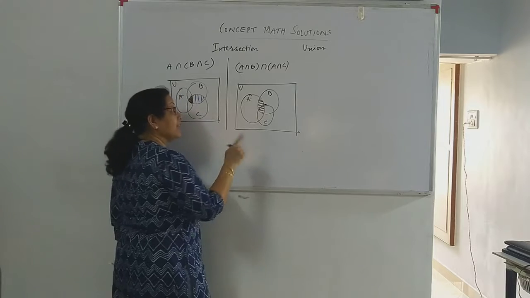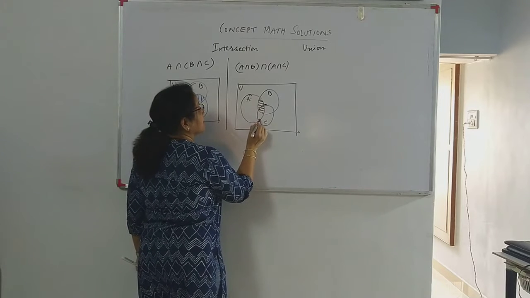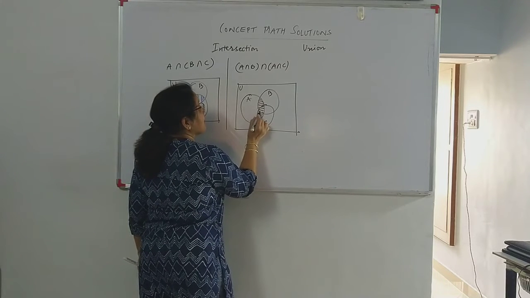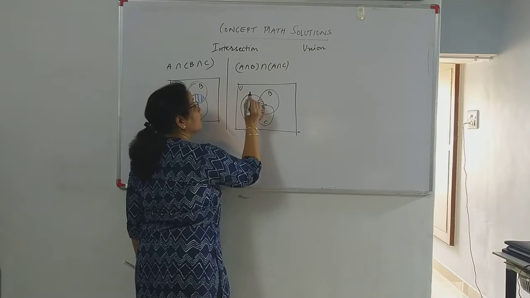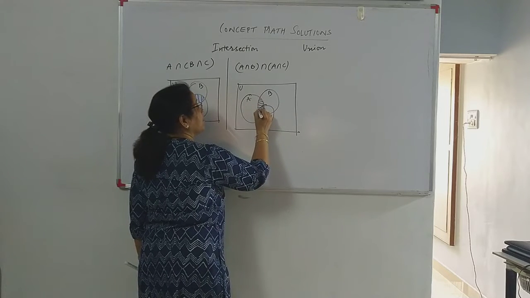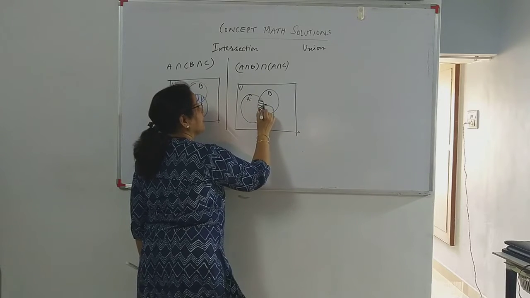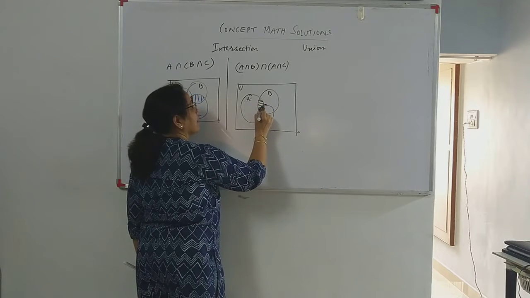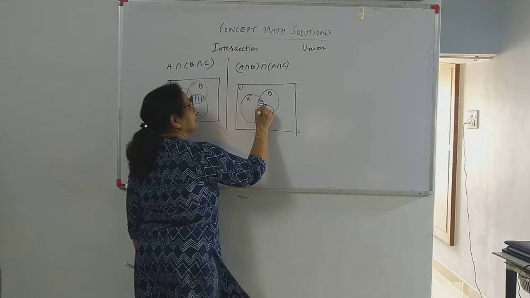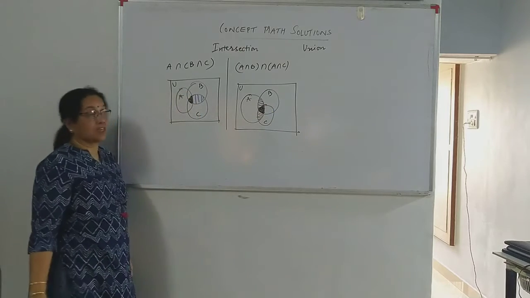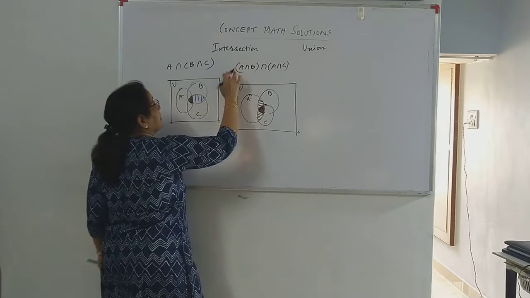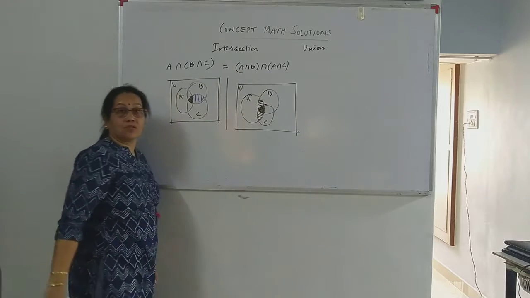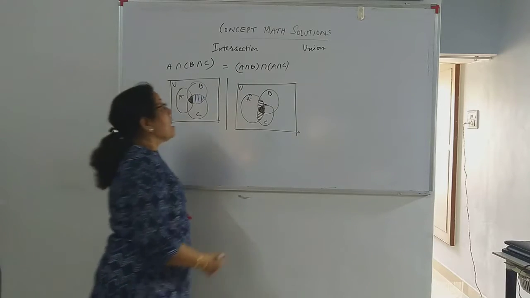Then I will shade A intersection C. A intersection C is this. And the intersection of both, that is the common part between both, you find is the same as the earlier diagram. That is, intersection is associative, right?